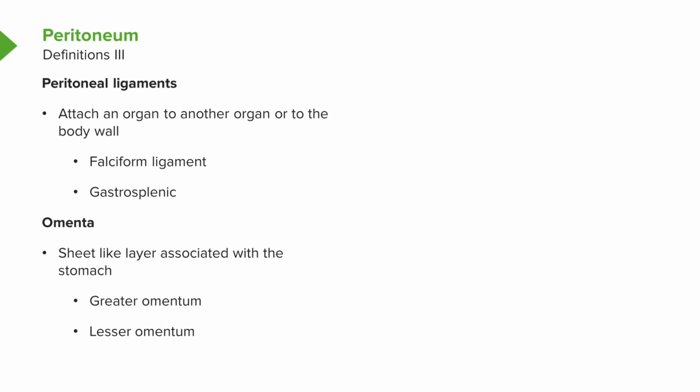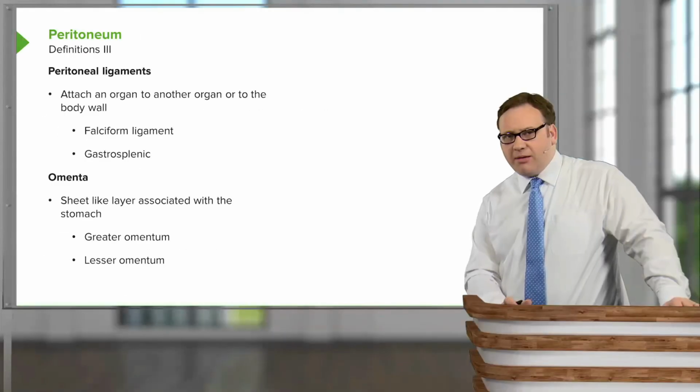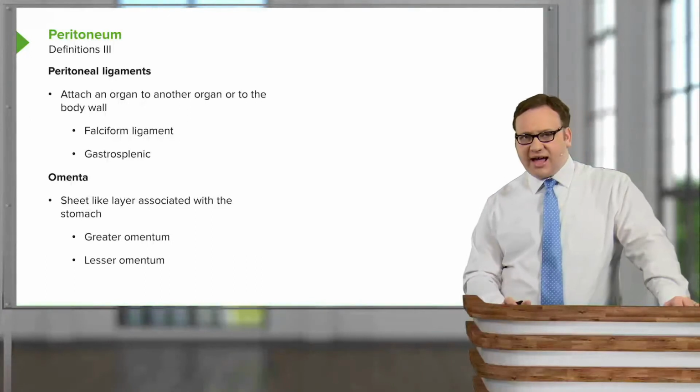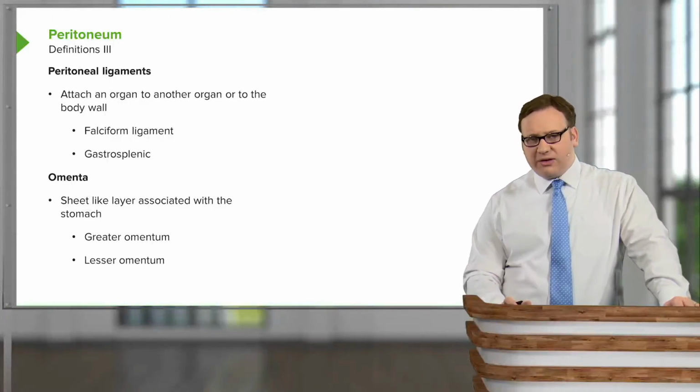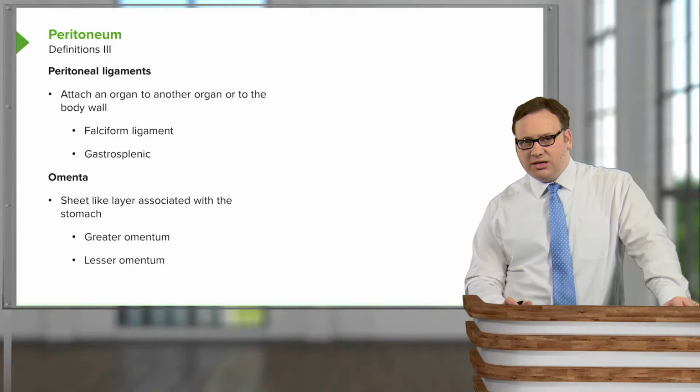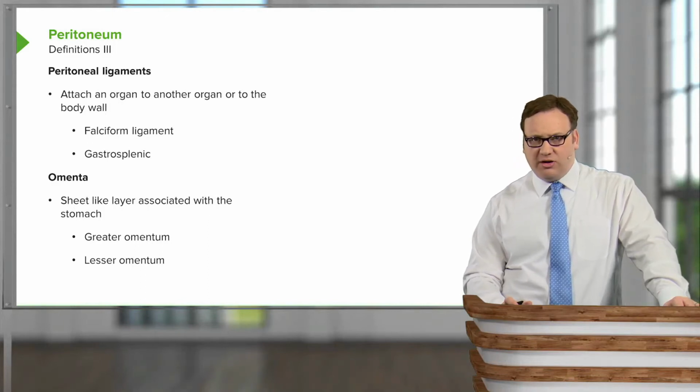We also have what are known as peritoneal ligaments, and these are double layers of peritoneum again. They specifically attach an organ to another organ or attach the organ to the body wall. For example, the liver is attached to the anterior abdominal wall via the falciform ligament, and we'll come to know more about the falciform ligament later on.